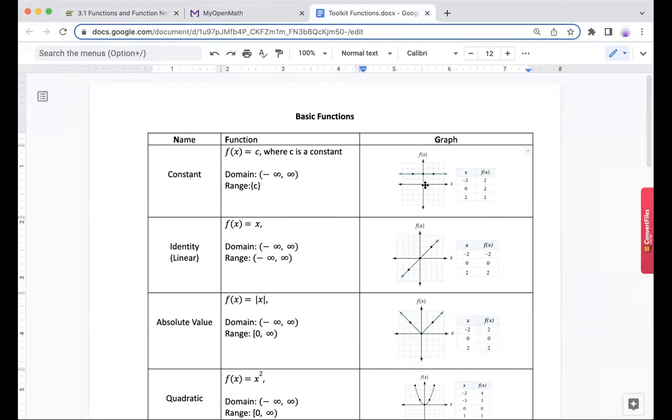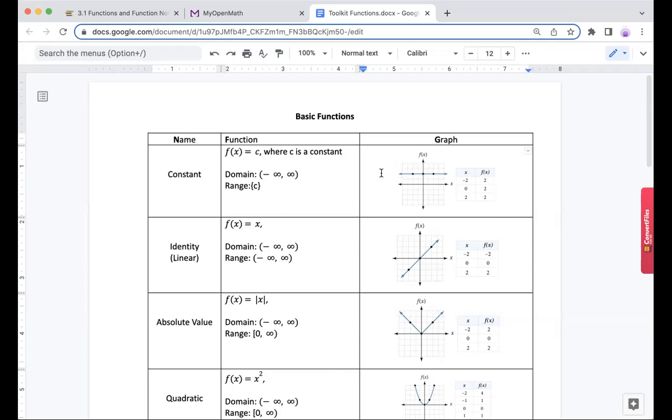So in this case, an example right here would be f of x equal to 2. No matter what value of x, the y value, or that f of x here, always equals 2. So that's why you see that horizontal line right here. Domain is the x value, that means usually the horizontal way right here.